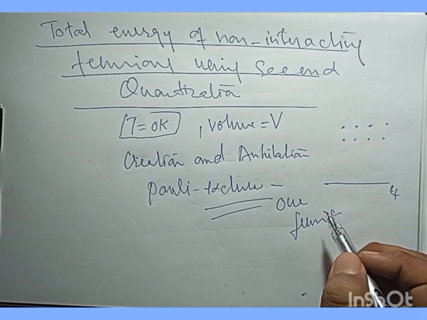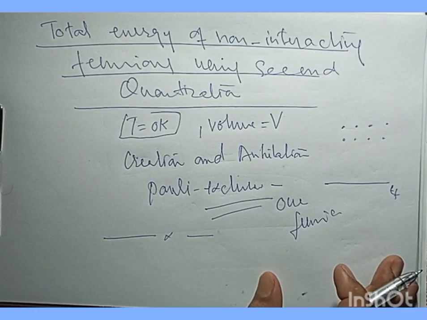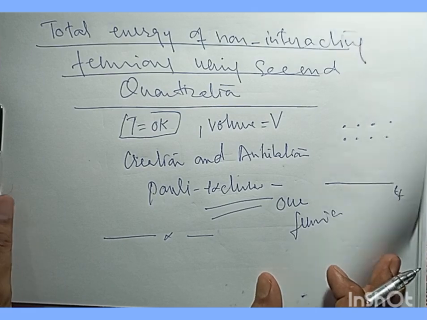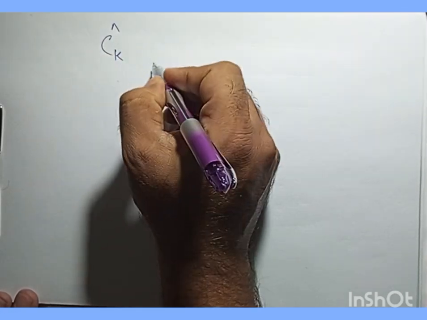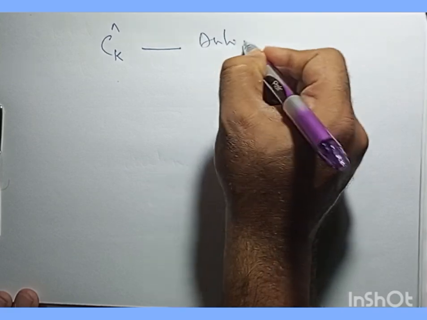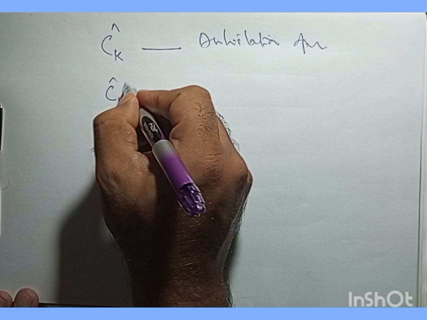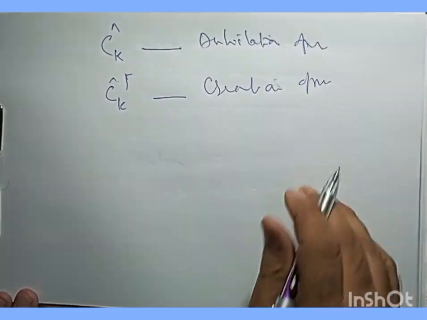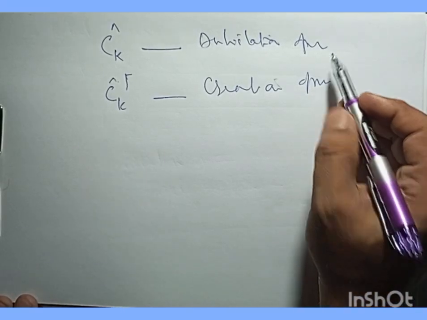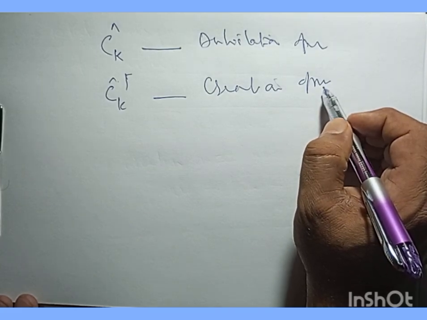So this will be the approach. Now in second quantization, fermions are described by annihilation and creation operators. If I take my annihilation operator as c_k cap, and c_k cap dagger as the creation operator, we understand the annihilation operator will remove a particle, and the creation operator will add a particle to the system.